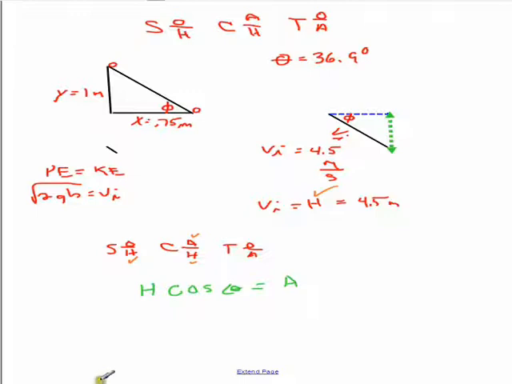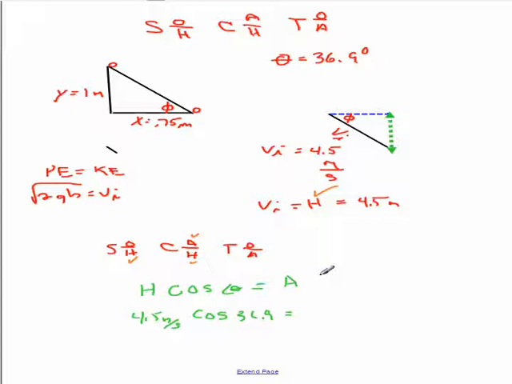So this becomes 4.5 meters per second times the cosine of 36.9 degrees is equal to the adjacent.